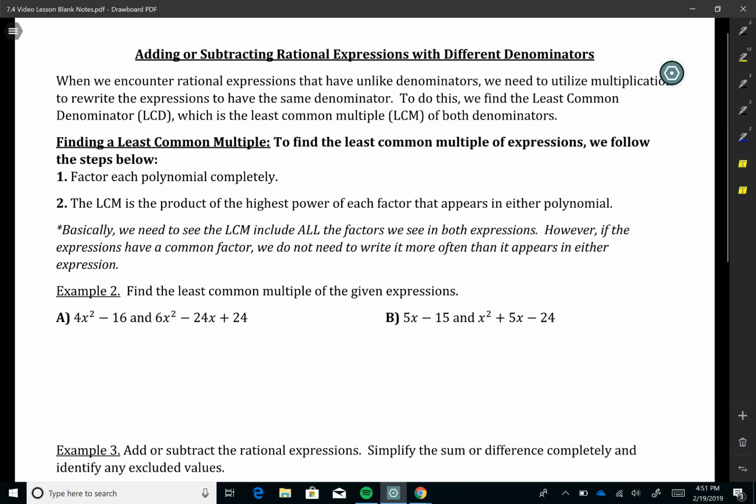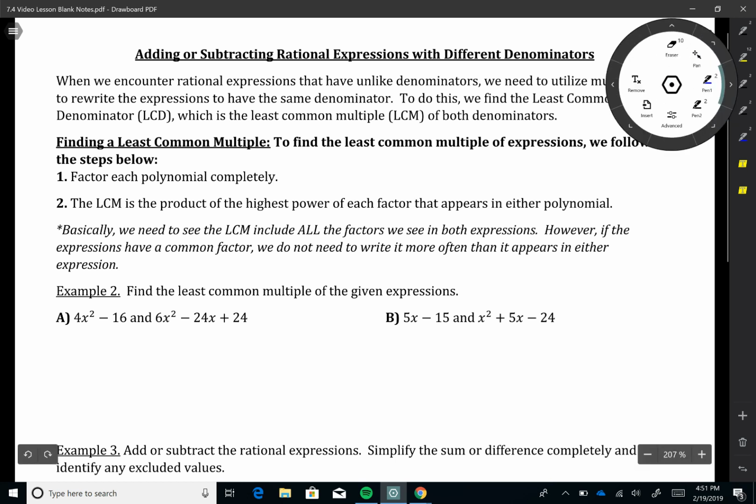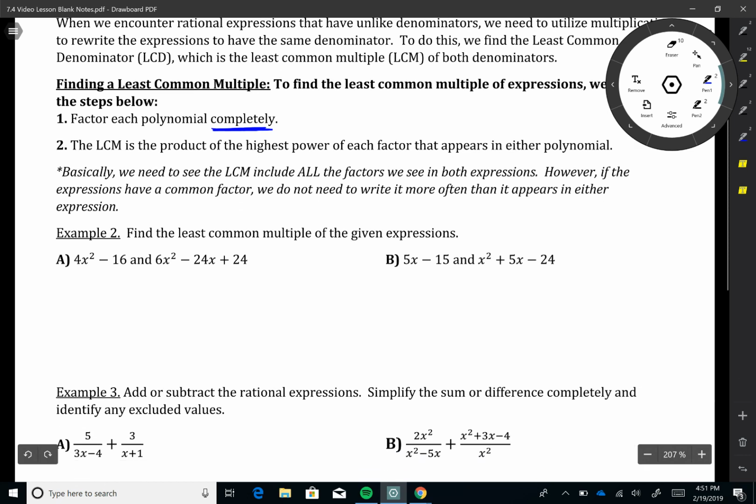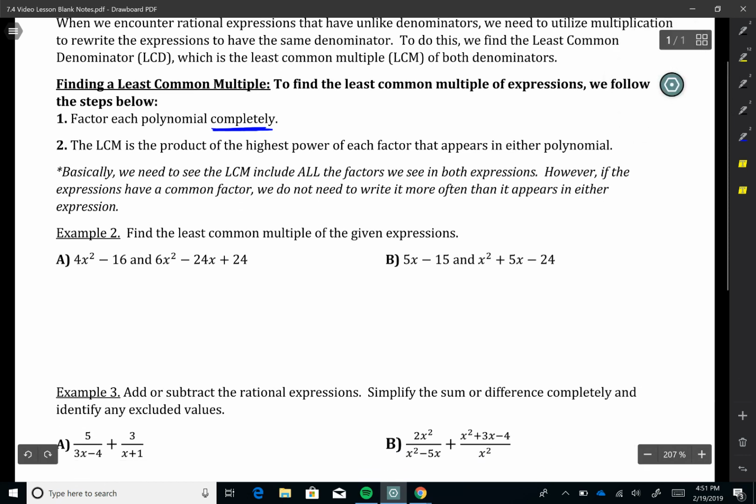Okay, so finding a least common multiple. To find the least common multiple of expressions, we follow the steps below. First, we factor the polynomial completely. Now, when I say completely, I mean completely, meaning if I have numbers that can be factored down, I'm going to do that.